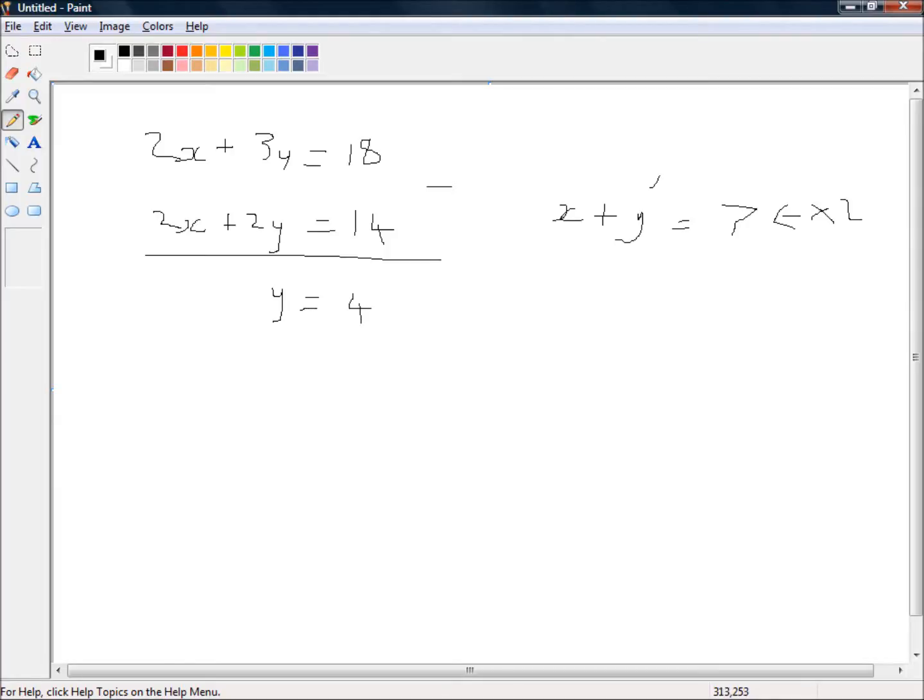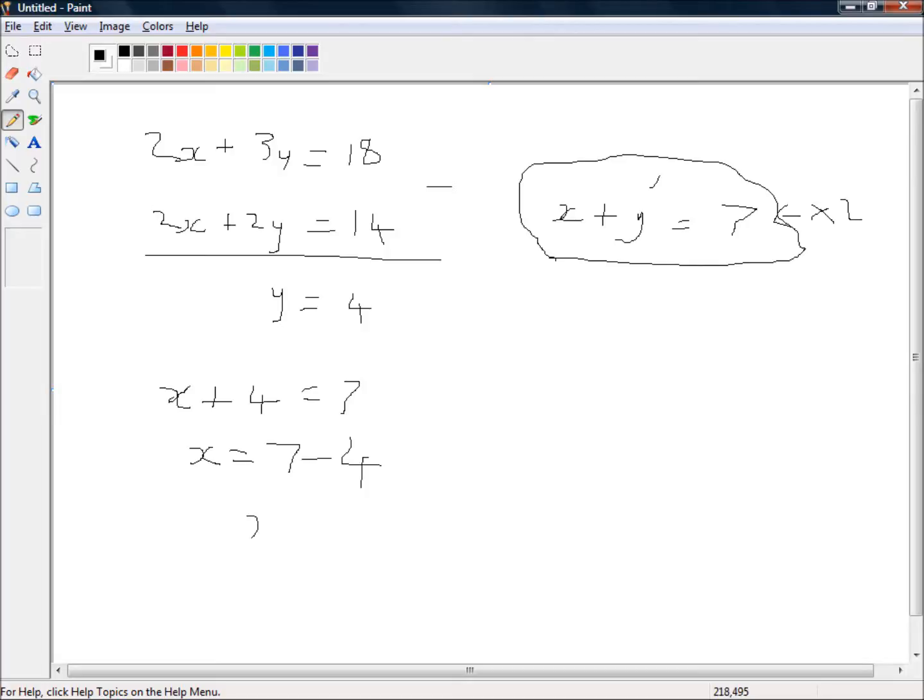So we've already got y equals 4. Now we just substitute that into, say, this equation here. x plus y becomes x plus 4 because y is equal to 4, and that's equal to 7. So x is equal to 7 minus 4, so x is equal to 3.